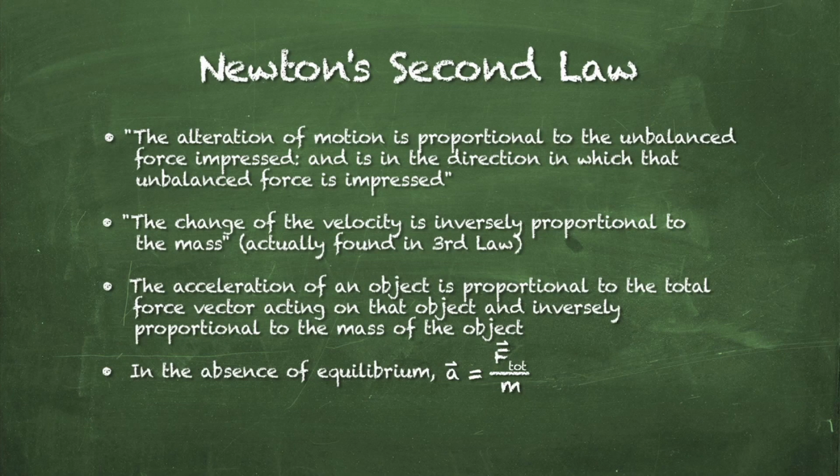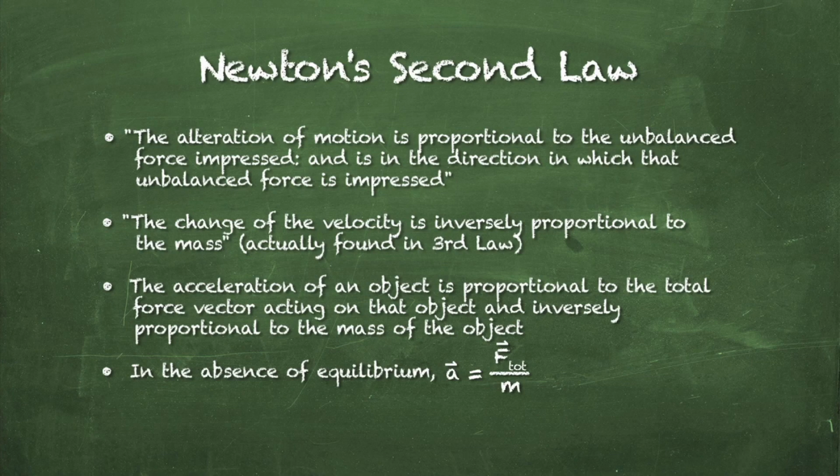Note that acceleration is a vector, force is a vector. The direction of acceleration and the direction of force are important, but mass is a scalar. It doesn't have direction. The amount of mass you have does not have a direction, so your two vector quantities in that equation are acceleration and force.